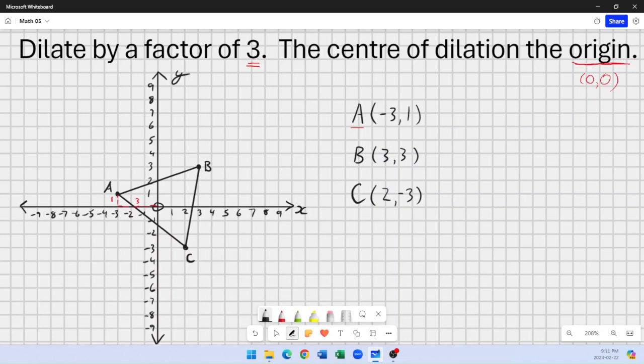My next step is, when we dilate by a factor of 3, those distances are going to be multiplied by 3. Essentially, we are going to triple the length. If I look across, it'll be 3 units times 3 for my factor. That will be 3 times 3, which is 9. So we're going to go 9 units from the center.